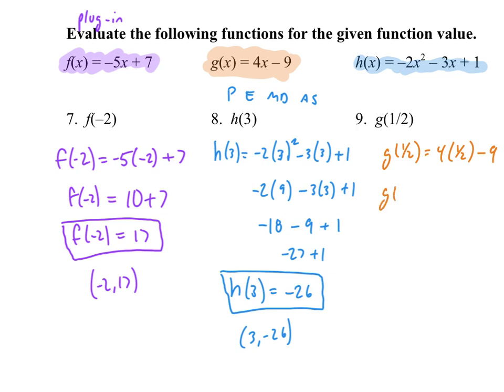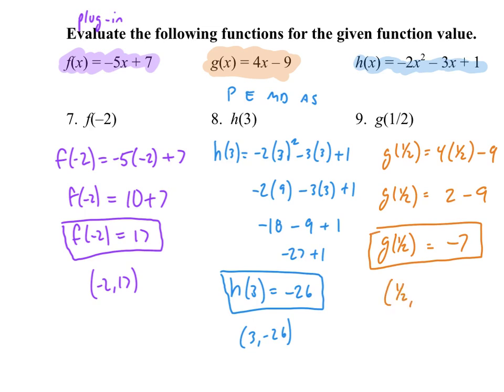Of course, 4 times 1/2 is 2, minus 9, and then 2 minus 9 is negative 7. So g of 1/2 is negative 7. Again, we do expect you to write your answers in function notation. If you wanted to think about that as a point, that would be 1/2, negative 7. The x value is 1/2, the y value is negative 7.